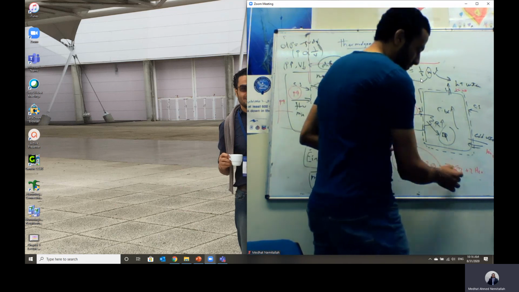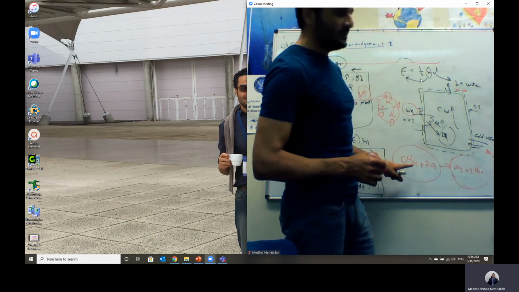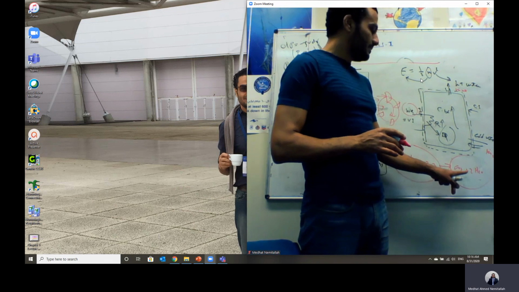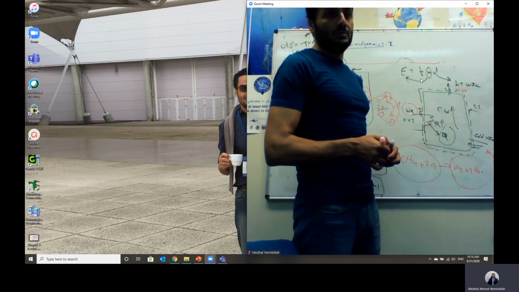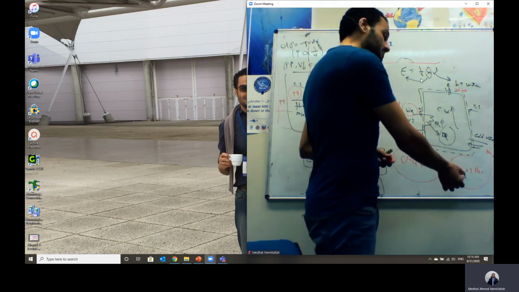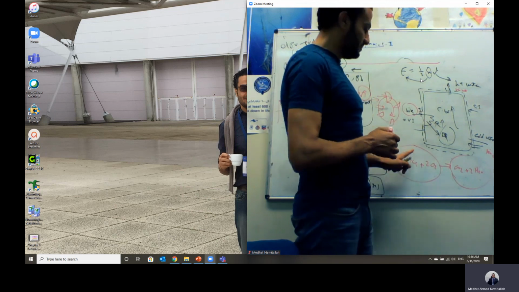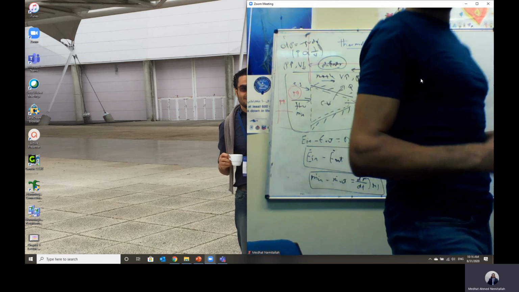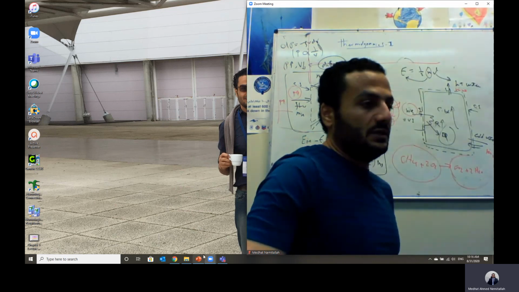After the reaction, this methane plus oxygen will be converted to totally different species, which are CO2 plus H2O. Then the properties of this mixture will be totally different from the CH4 plus O2 mixture, the other mixture.